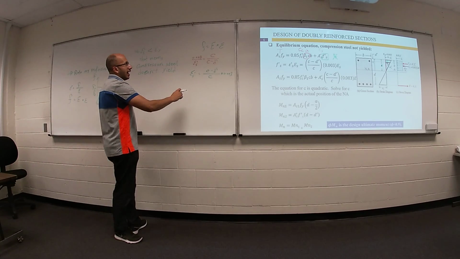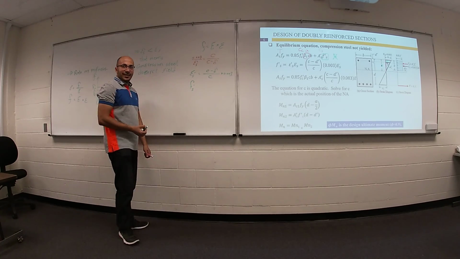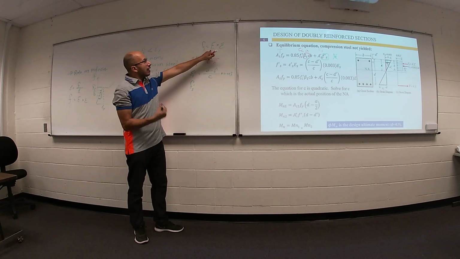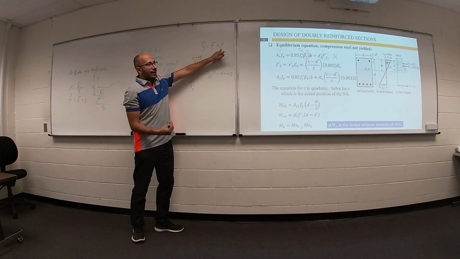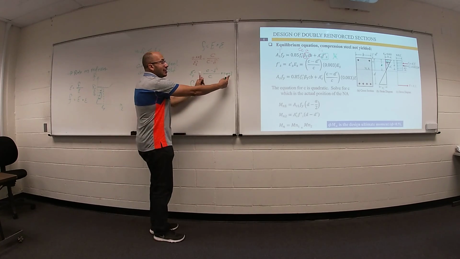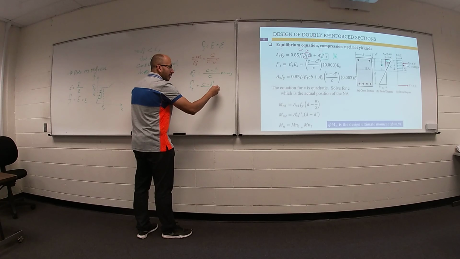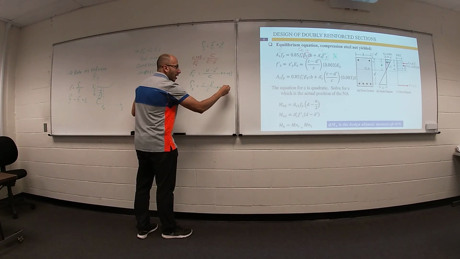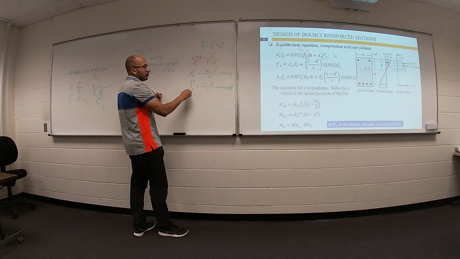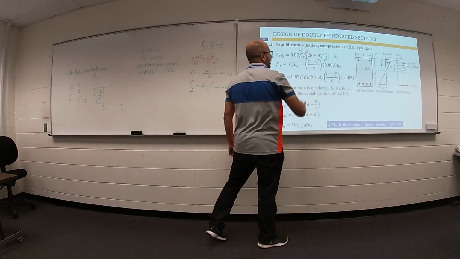Okay? I would like to get f steel prime. I told you any stress equals Young's modulus times strain. Right now I know the value of strain equals this value. If you multiply this value times E, which is Young's modulus, you can get your stress. Here is your value for f steel.